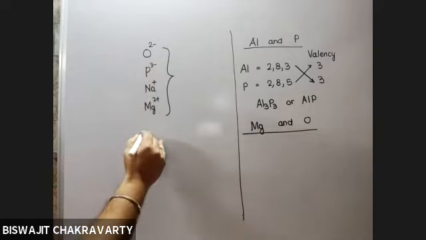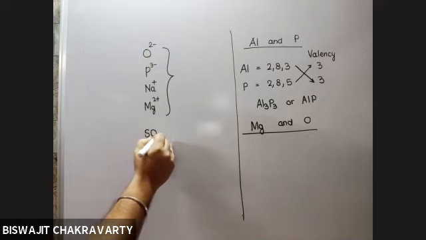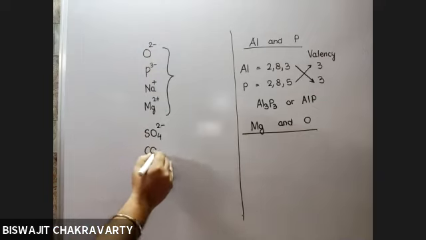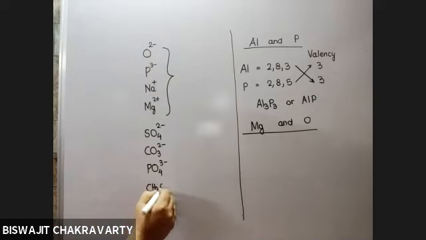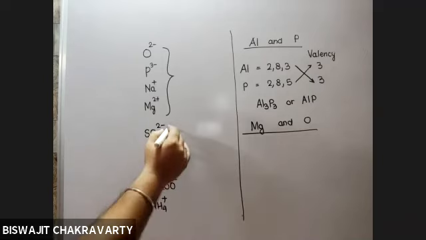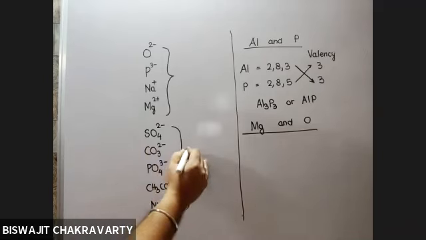But suppose you come across SO4 2 minus, CO3 2 minus, PO4 3 minus, CH3COO minus, NH4 plus. They all are molecular ions. Understood why they are molecular ions?